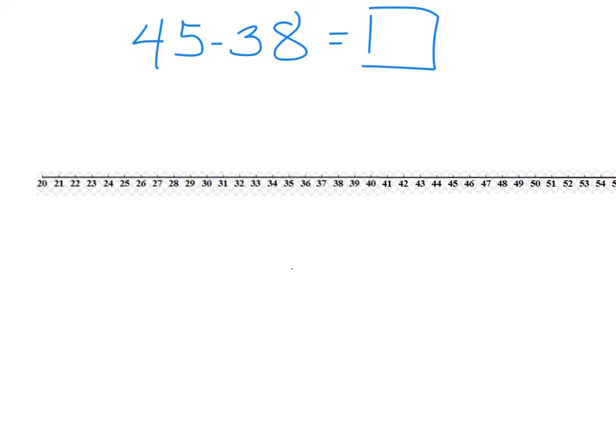Now let's look at a number line to help us subtract. 45 minus 38 equals blank. So let's use our number line to help us find the difference to 45 minus 38. What we can do is we can count up from the number we are subtracting to find the difference. So for example, in 45 minus 38, we would start at the number 38.